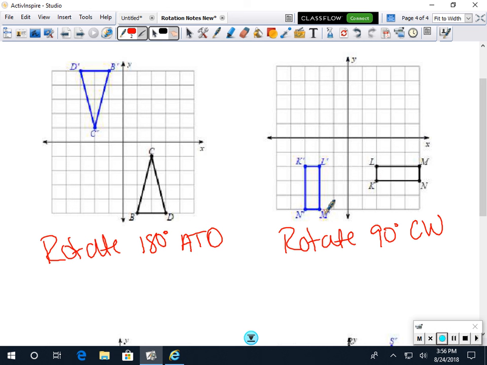Or I could go counterclockwise. And if I go counterclockwise, then I'm going to go 1, 2, 3 times, which is 270 degrees. Okay, so I could say rotate 270 degrees counterclockwise.